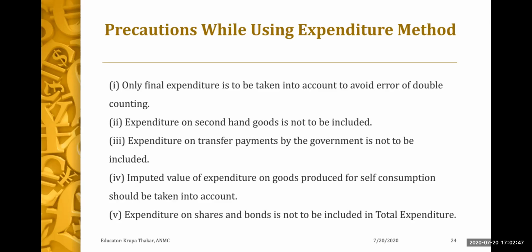Next one, imputed value of expenditure on goods produced for self-consumption should be taken into account, and expenditure on shares and bonds is again not included in total expenditure, because that is something for which income is already being calculated.